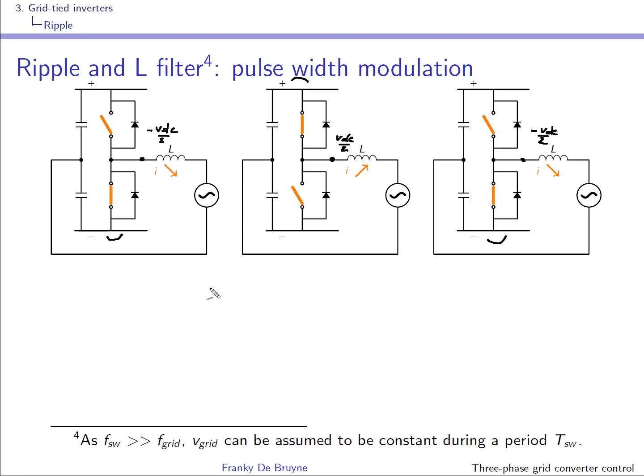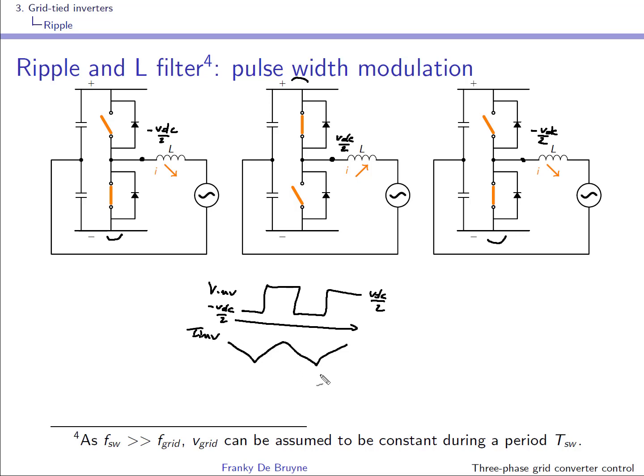So for Vinf, you have kind of a square wave, where you have here minus VDC over 2 and here VDC over 2. So the current in this case will be going down, then up, then down, then up. So this is E inverter, and this is again time.